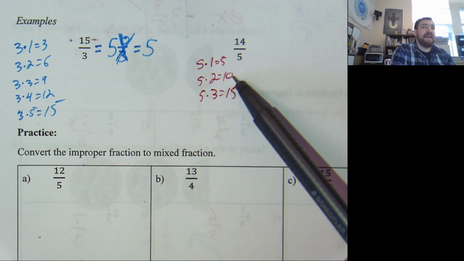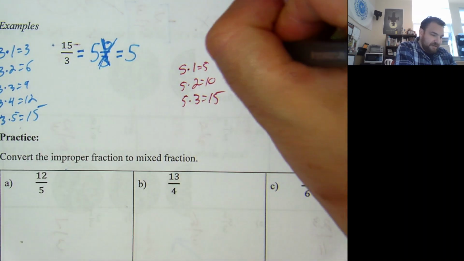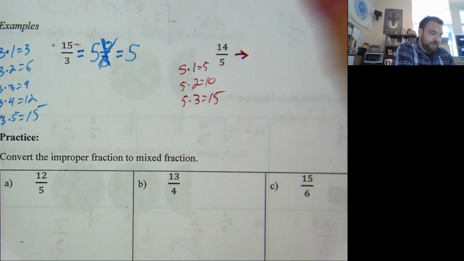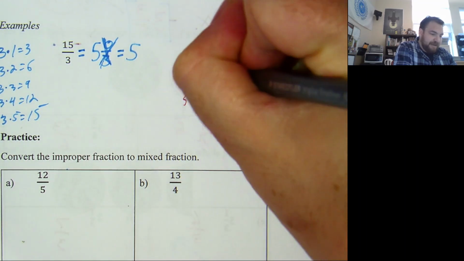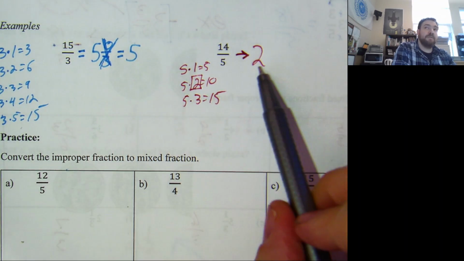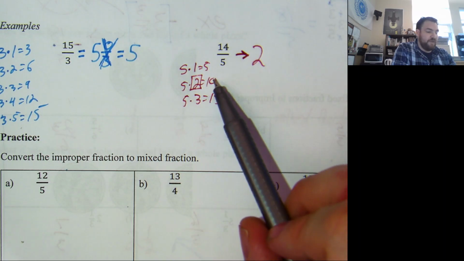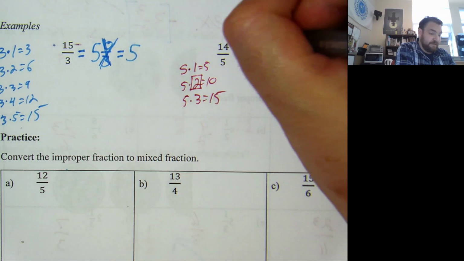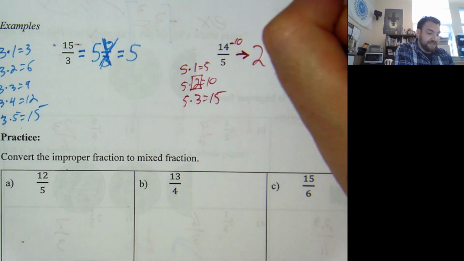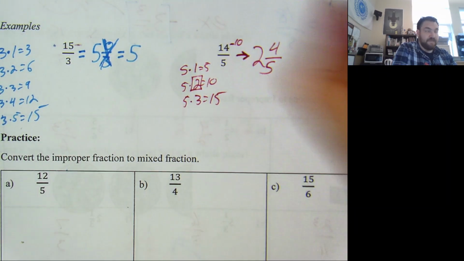And to get 10, I had to multiply 5 by 2. So the number that we multiplied 5 by becomes the whole in our mixed number. And what do we have left over? Well, 14 minus 10 is 4. So we're going to get 2 and 4 fifths.